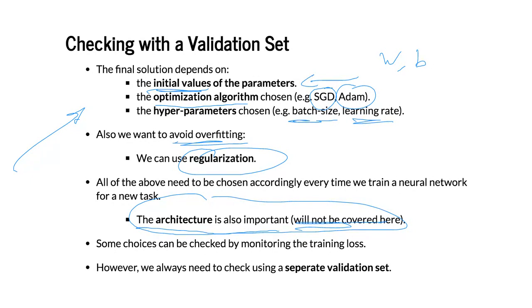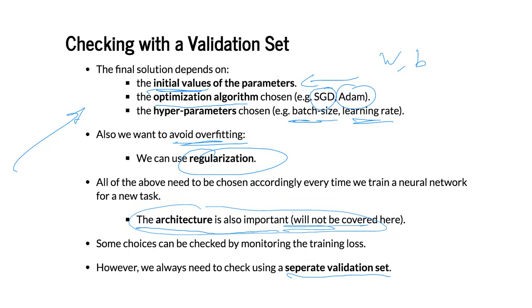But as I said previously, ultimately, what you want to know is how good your selection of these parameters is by checking the model's accuracy on a separate validation set. We cannot avoid checking the model's accuracy on a separate validation set if we want to be sure about the decisions of these parameters.